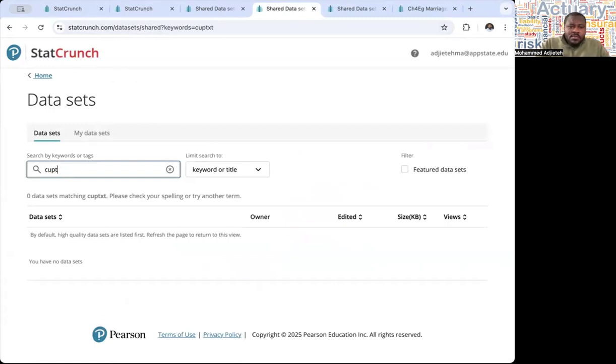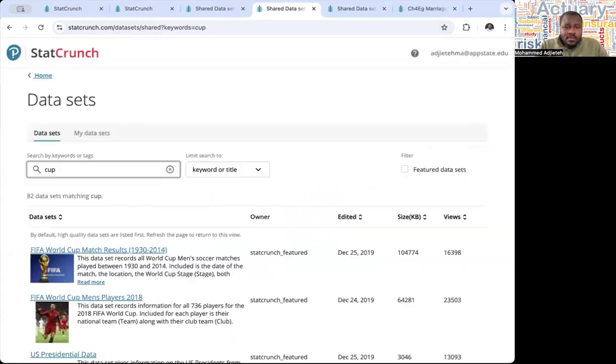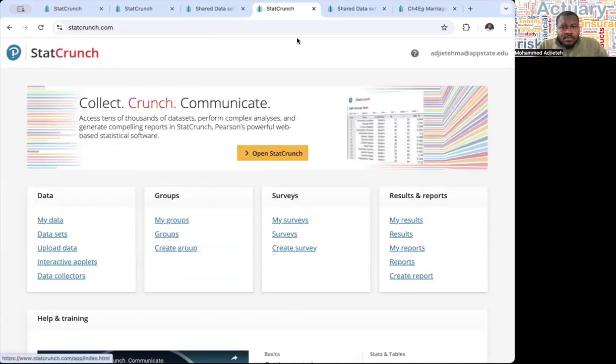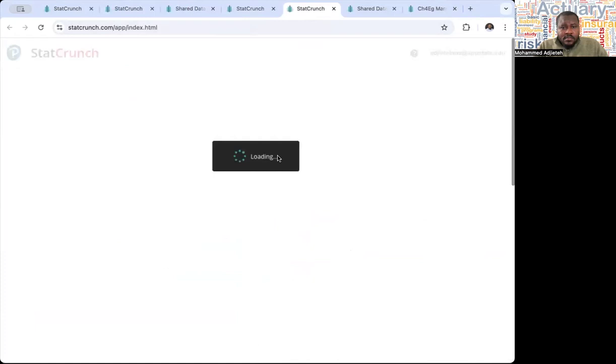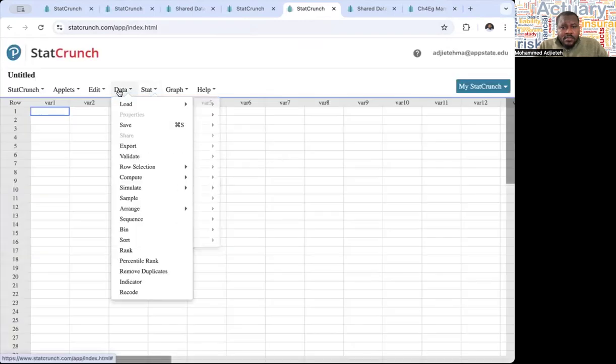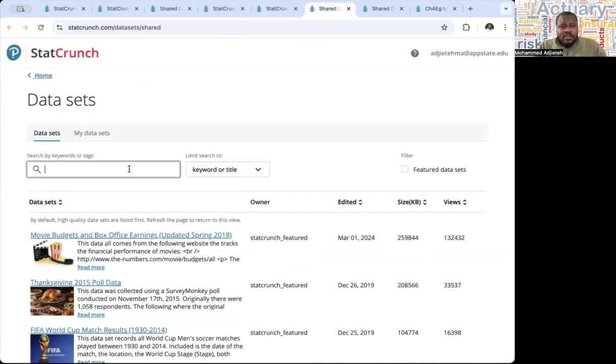Let's do cap. Let's get to data load, share data set.